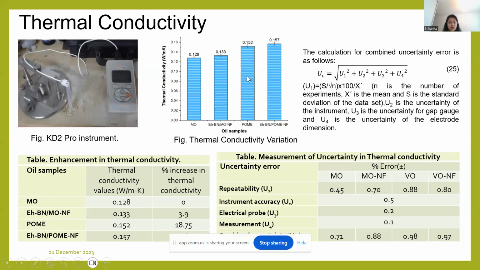This may be because of the nanoscale dimension of the 2D nanosheets, since the surface area of the nanoparticle is increased. So it helps in the transfer of heat and thus the thermal conductivity increases.